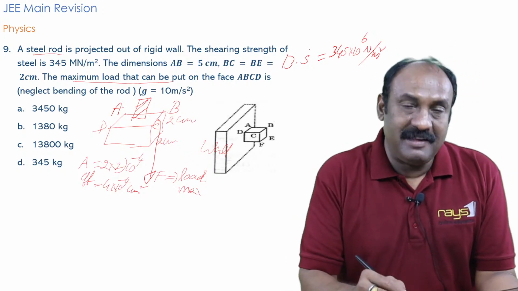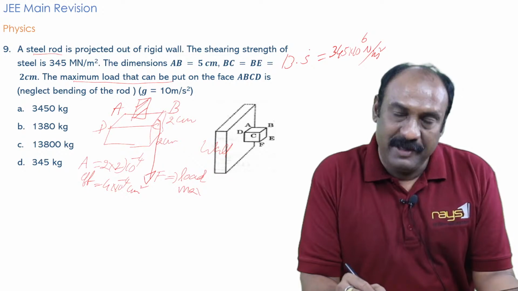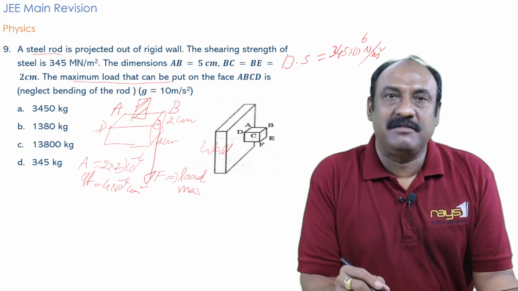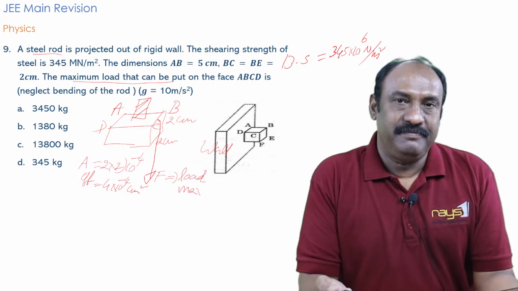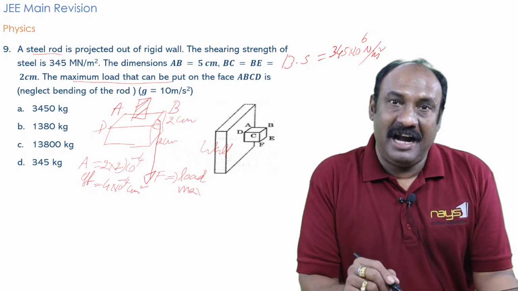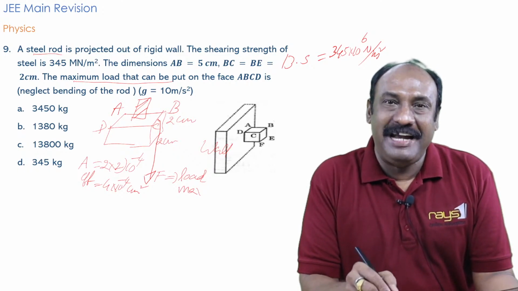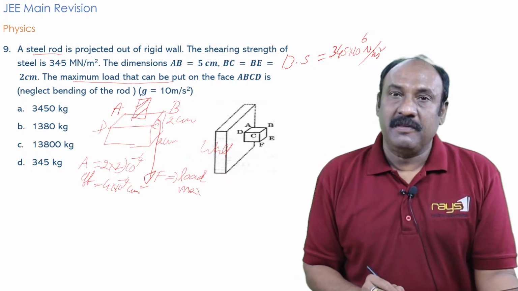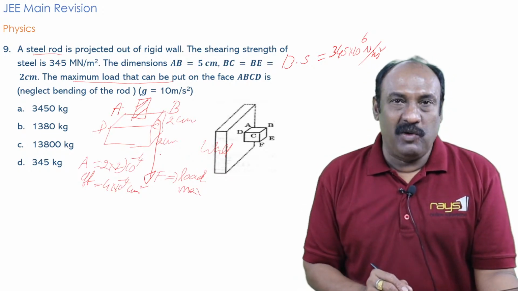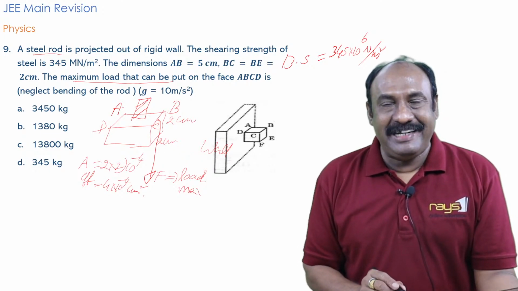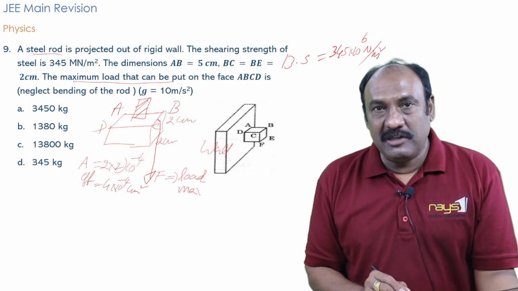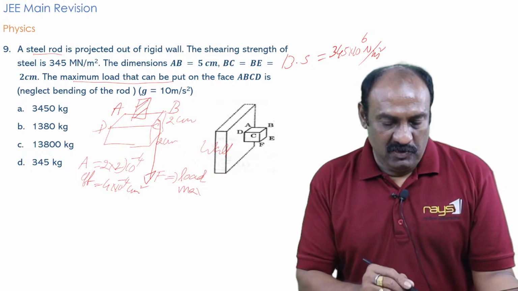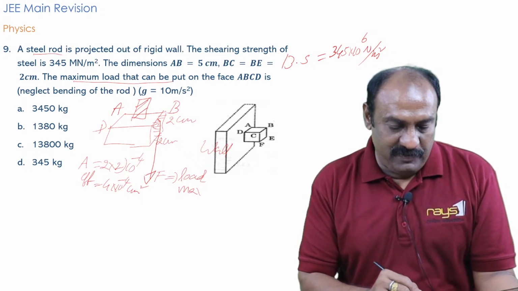So breaking stress is written as breaking force by area of cross section. Breaking force is nothing but the maximum load that it can bear, by the area at which the force or load is applied tangentially to the surface. So in this case, this is the force acting vertically downward. So the area to be taken is tangential to the direction of application of the force. This is the area that I have to consider.